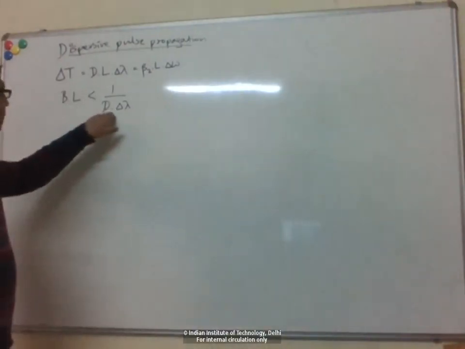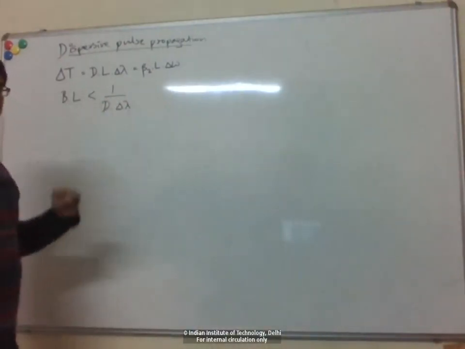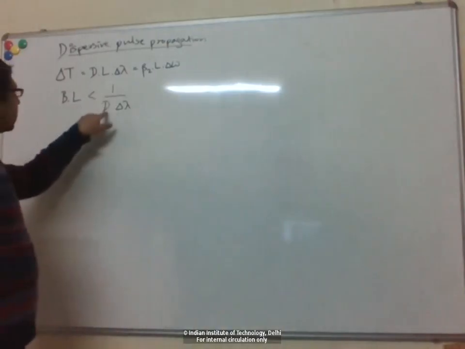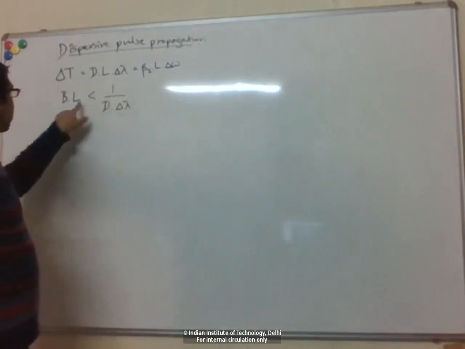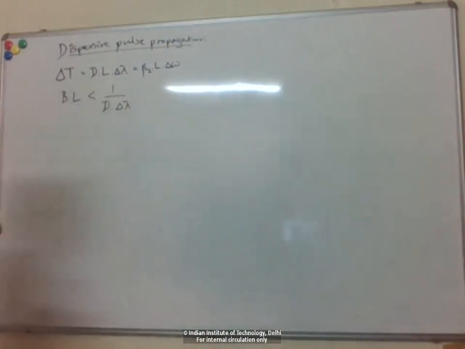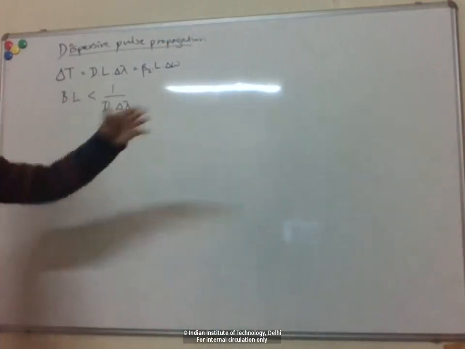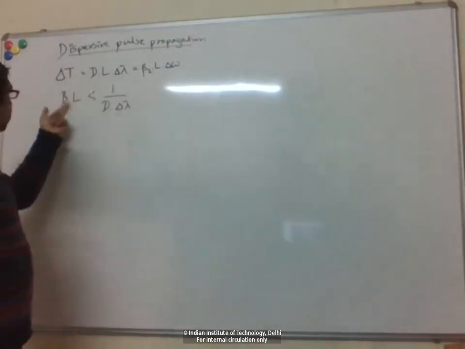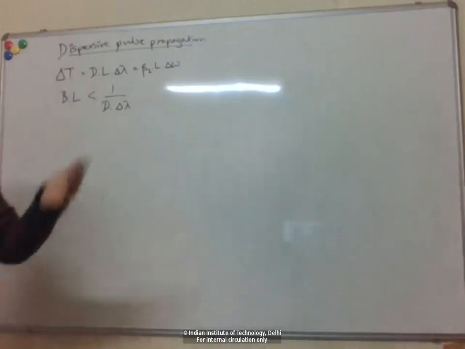Equivalently, we can see here that what if this delta lambda was zero or very close to zero? You would think that as we take delta lambda to zero, we can get very high data rates over long distances, and as this approaches zero, maybe we can boost this up more and more.